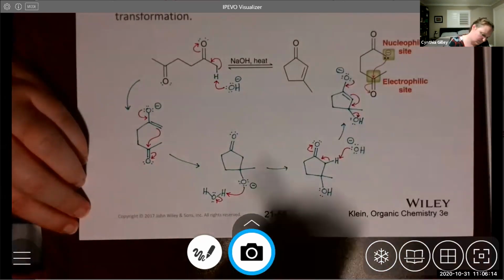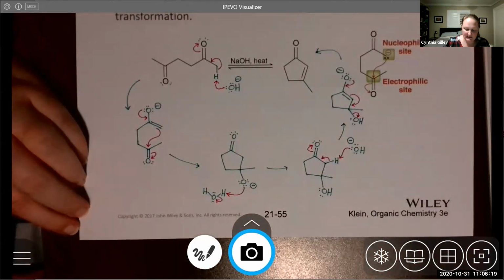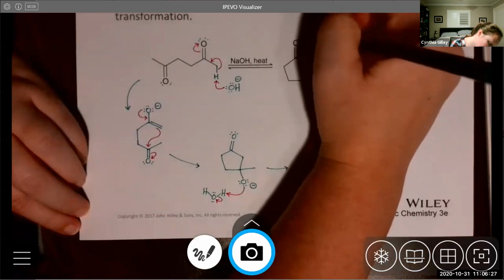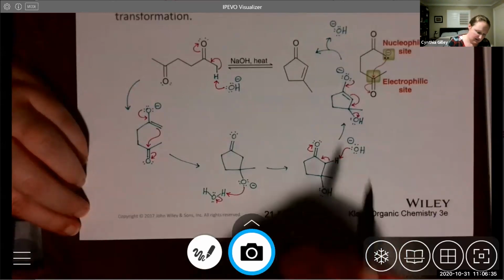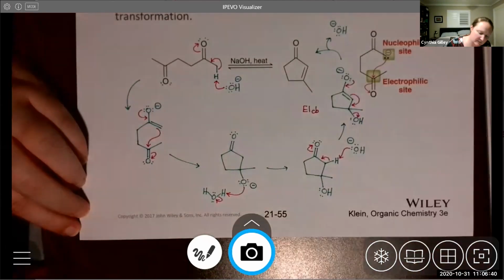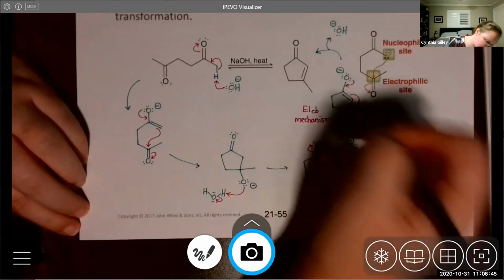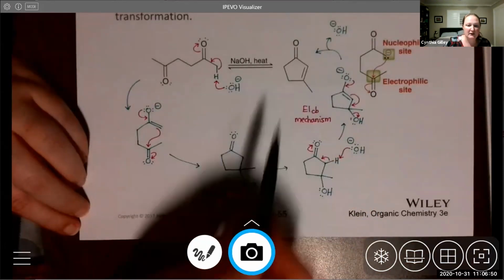And we formed the product in that step. Again, this process is called an E1cB mechanism. So make sure to draw the elimination as a two-step process, where we form the conjugate base and then do the elimination from the conjugate base.